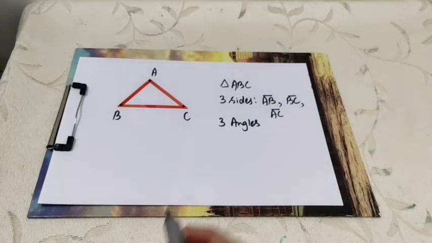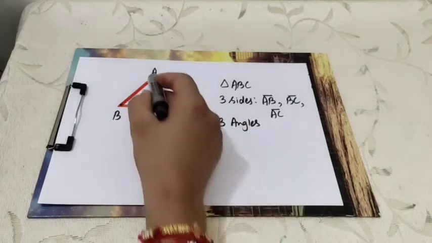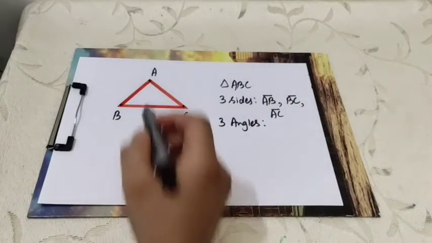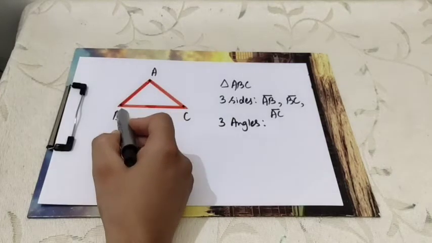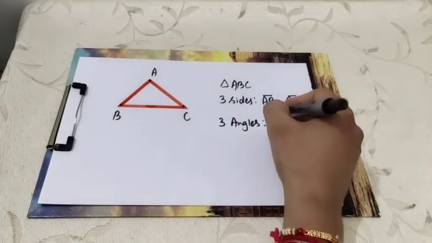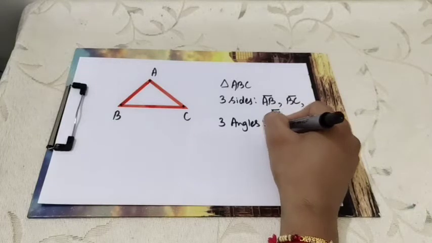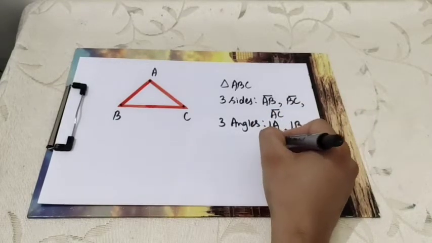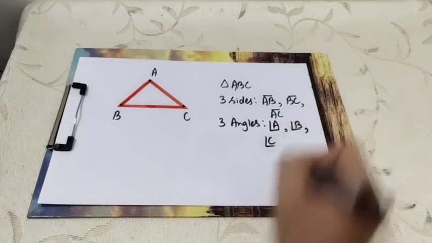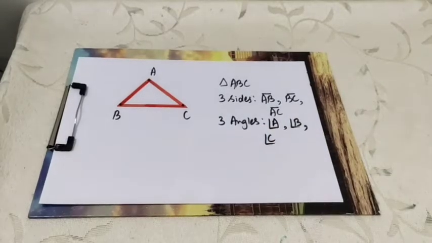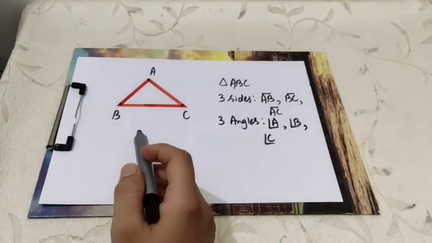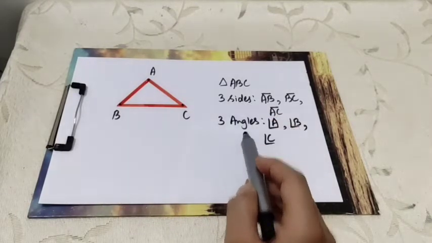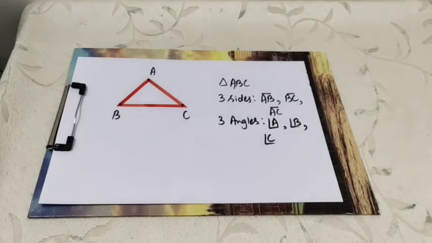And if we talk about the 3 angles of triangle ABC, they are angle A, angle B and angle C. And students, a triangle has many properties with respect to its sides and with respect to its angles.